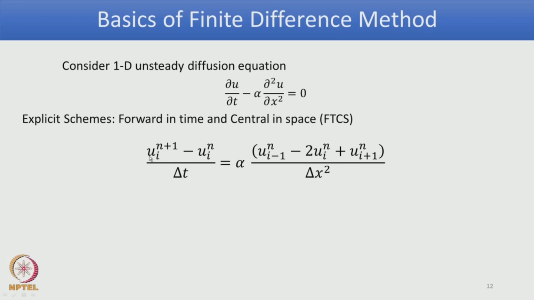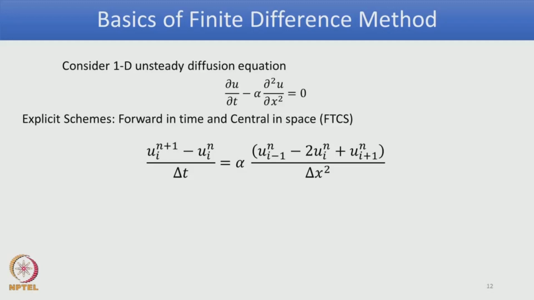In this, for every variable, for example u, you have a subscript i and a superscript n plus 1. The subscript i defines the nodal location. In this case it is only one dimension, so it represents x i, the point of interest. The superscript n or n plus 1 stands for time location.